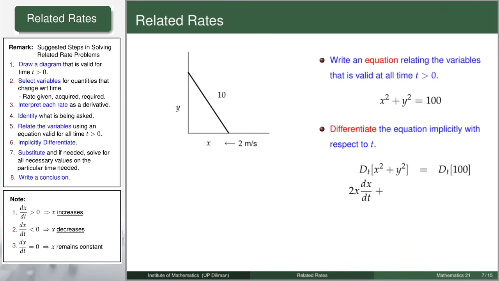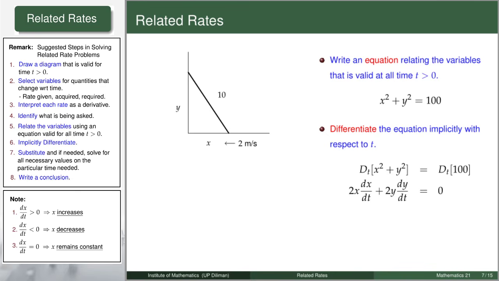I'll add this to the derivative of y squared, which is just a 2y. And since we are differentiating it still with respect to t, you'll have a dy over dt. And of course, the derivative of 100 is just 0 since it is constant with respect to t. You will see in this relation we have not only x and y, but also the rates dx over dt and dy over dt.